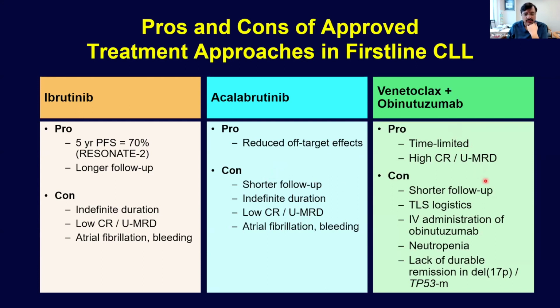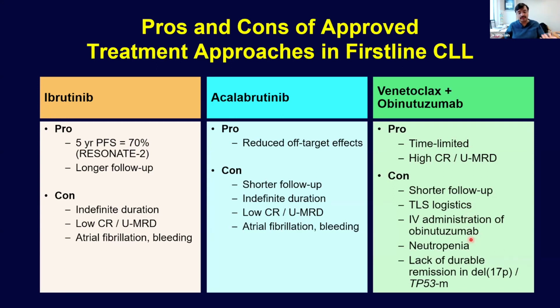And with ven obinutuzumab, the big advantage is a 1-year therapy. So everyone is happy, patients are happy, they don't have to take the drug for a long time, cost considerations, and it leads to high rates of MRD negativity. The only downside is somewhat shorter follow-up. We only have 4-year data right now. You have to monitor these patients for tumor lysis syndrome, which is more of a logistic issue. You have to arrange for labs and things like that.